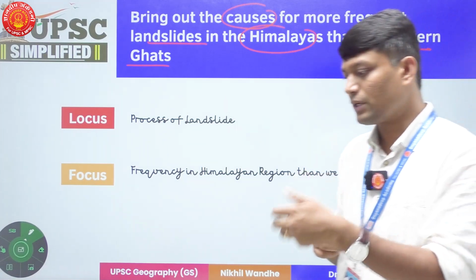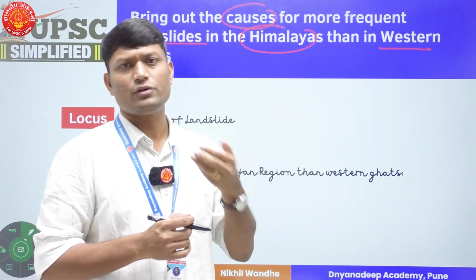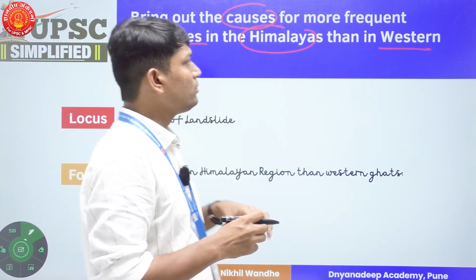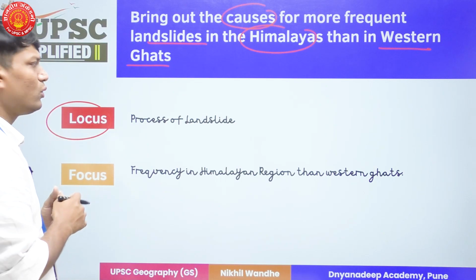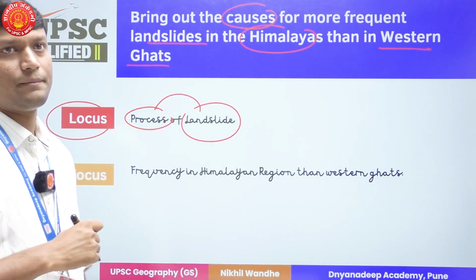If you want to relate this question with the syllabus, you can relate it with geophysical phenomena. And there is a list of geophysical phenomena you are expected to be thorough with. Now, in this question, let us identify the locus of the question. Locus is nothing but landslide, or say the process of landslide.